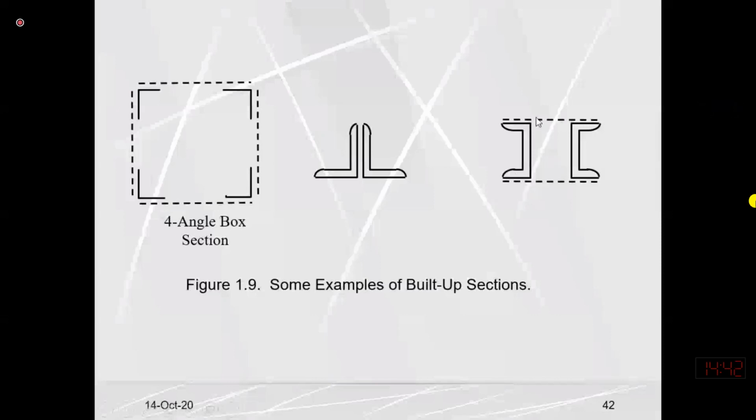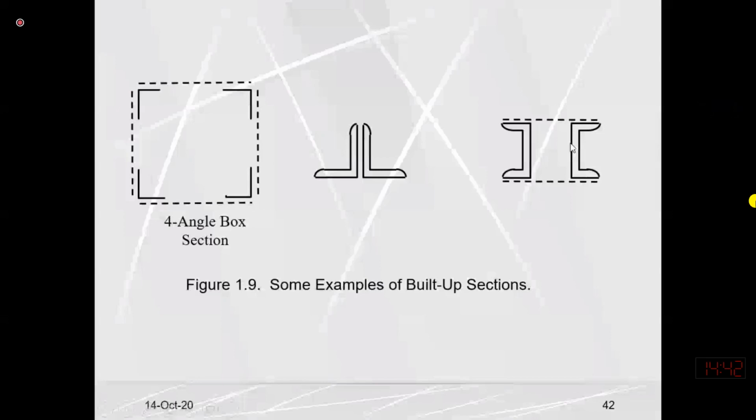The vendor says, okay, I have a channel section whose area is 100 millimeter square. So the area of two channels will be 200 millimeter square. I can use two channels in combination. I can join them by welding, or by some lacing member that we shall discuss, to make one member. So this member that I have made by joining two channel sections to meet my requirement is referred to as a built up section.